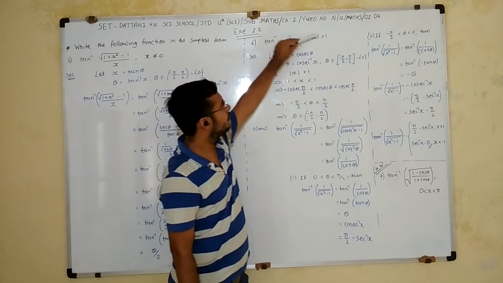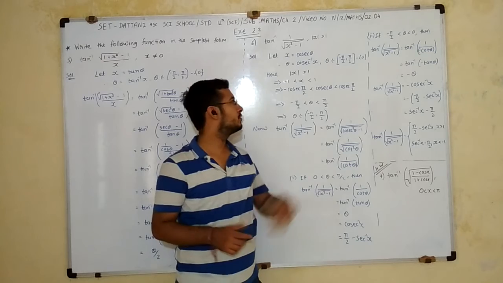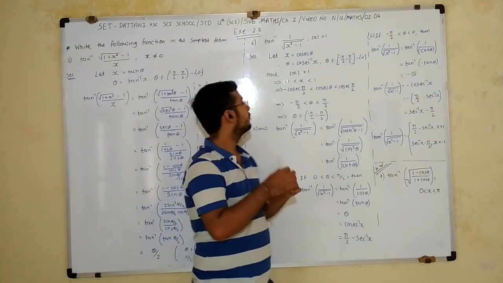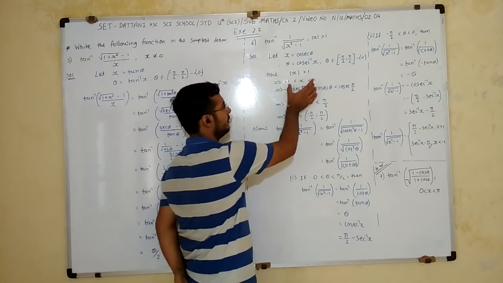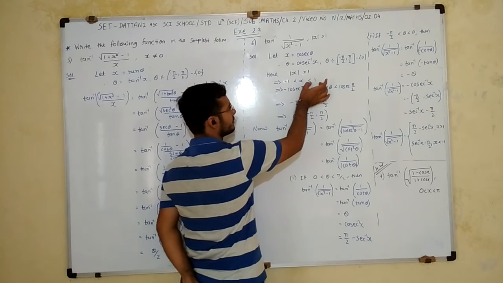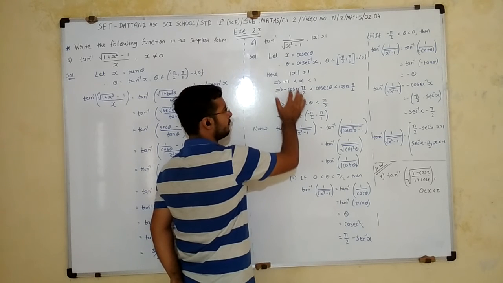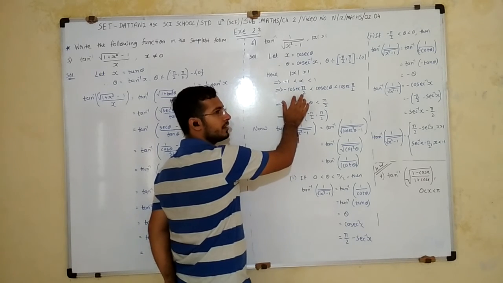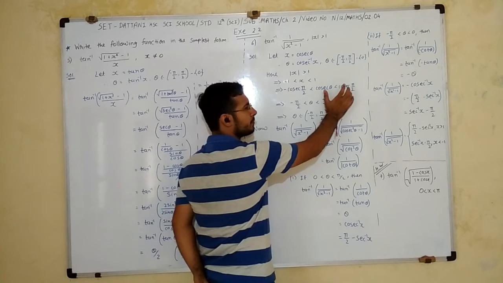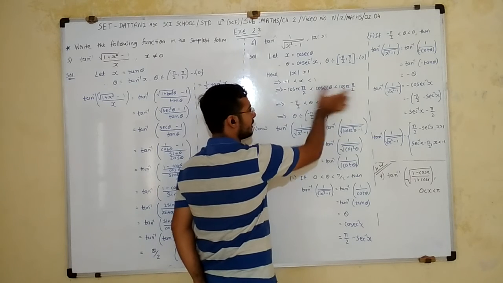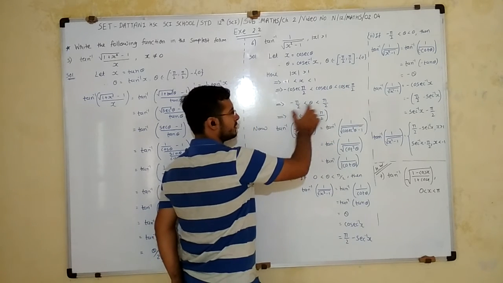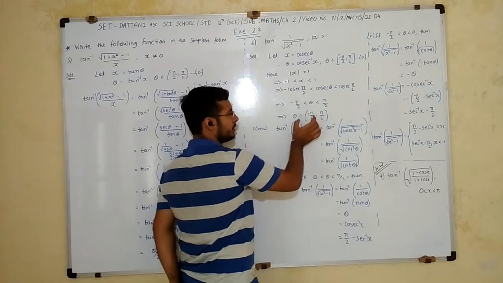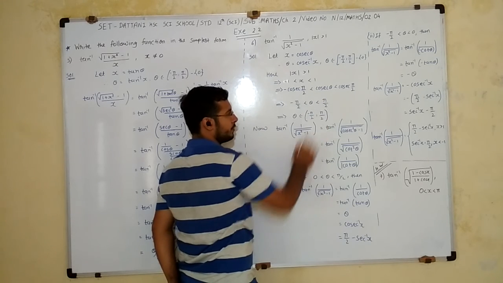Now your range is mod x greater than 1, so if we remove mod, we get minus x and plus x. So I write the range as minus 1 to x to 1. Here 1 is equal to cosec pi by 2, so minus cosec pi by 2 to cosec pi by 2. Apply cosec inverse, so I get minus pi by 2 to pi by 2. It means theta belongs to minus pi by 2 to pi by 2.